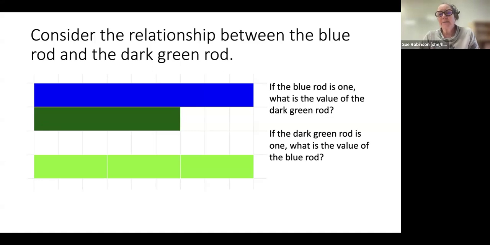Here the blue rod is 1 and the dark green rod is 2/3. How many 2/3 can we fit into that blue rod? We've got a full 1 plus a half of a 1. So 1 divided by 2/3 is 3/2. And same thing, we could do it if we wanted to divide 2/3 by 1.